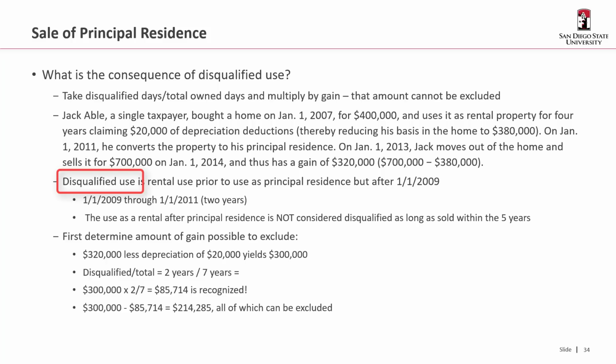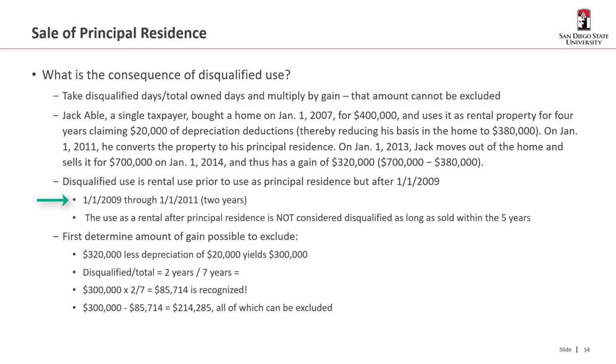So disqualified use is any rental use prior to the use as a principal residence, but after January 1st, 2009. So in this case, since he bought it January 2007, all of 07 and all of 08 are fine. They're not disqualified use because they predate the law change on January 1st of 2009. However, starting January 1st, 2009 through 2011, when he moves in, that's disqualified use.